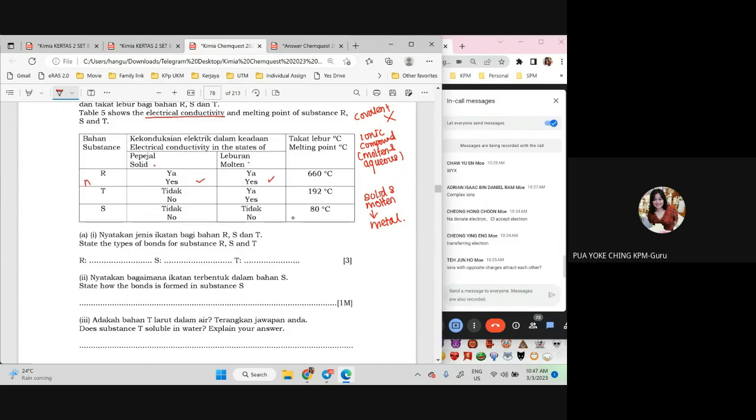So R is metal. No, yes. This is ionic compound. No, no. This is covalent compound. So when it starts about the bonding, it will become metallic bonding.